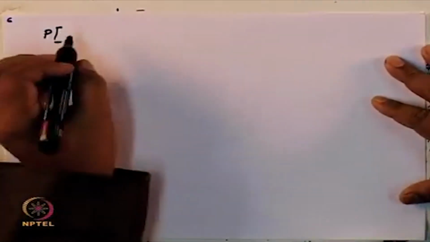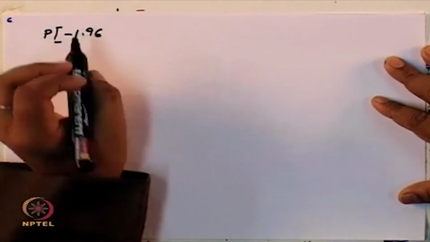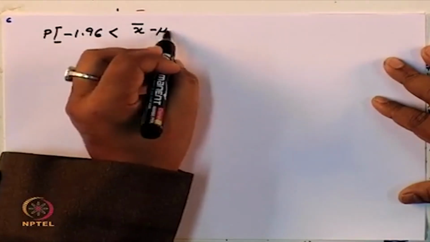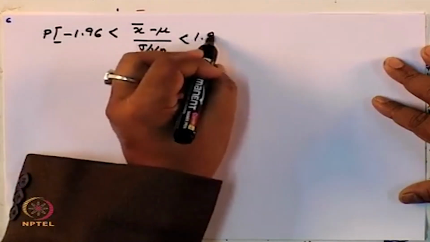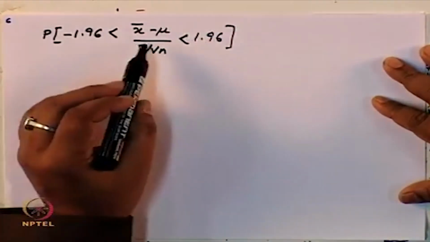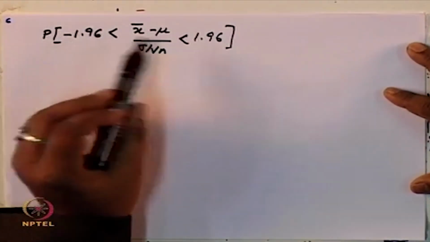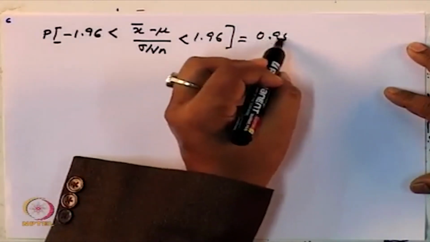If we are dealing with a sample mean, we can write down the probability that the standard normal variable lies between minus 1.96 and 1.96 is 0.95.